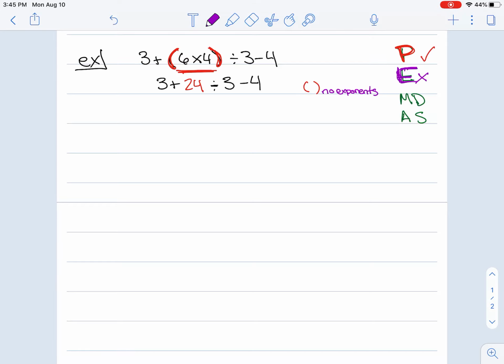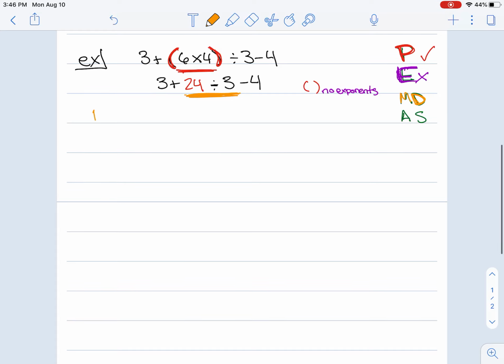So now that we've skipped exponents, I'm looking for multiplication and division. So I don't see one, I don't see one, I don't see one. I see one right here. So I'm going to do 24 divided by 3.